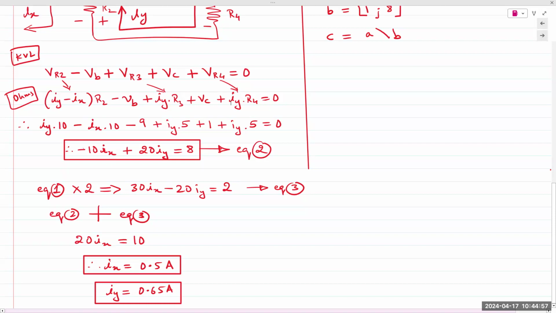Then draw out each individual mesh. How many components in that mesh? Then apply KVL. You should have the same number of terms in your KVL as you have components. Once you have that KVL expression, then you apply Ohm's law, express each resistor voltage in terms of the mesh current, and then just solve.